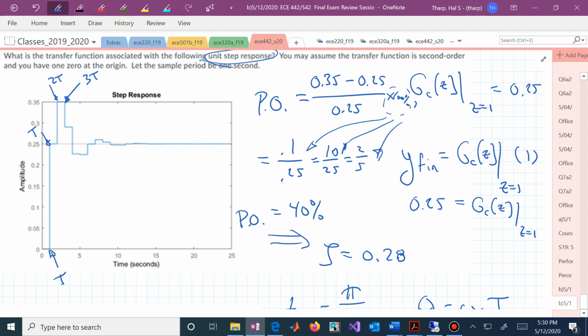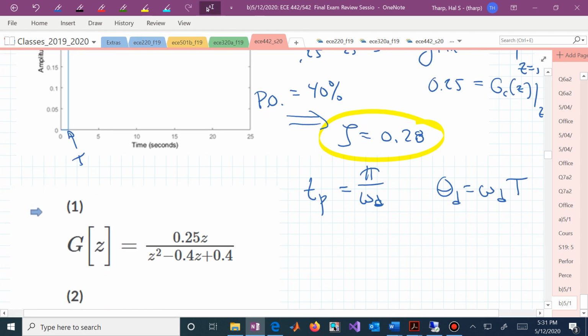Because if it occurs at 2T, then we would go into our z-plane and see, oh, that corresponds to 90 degrees. Maybe we need to connect that with this particular zeta value and use these two limiting values of our peak time to say our peak time probably occurs somewhere between 2T and 3T. Let's see what that actually means.